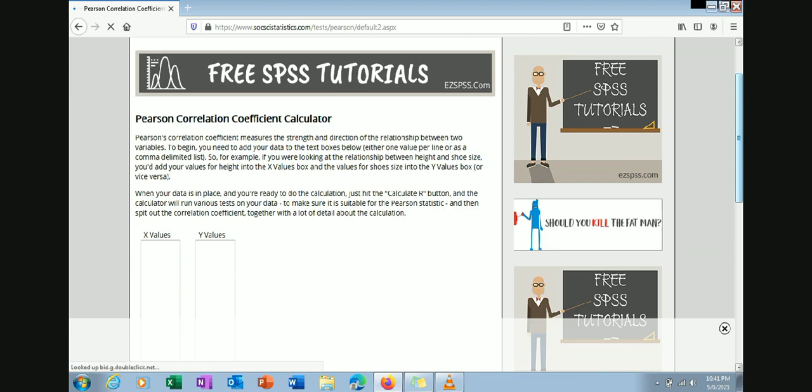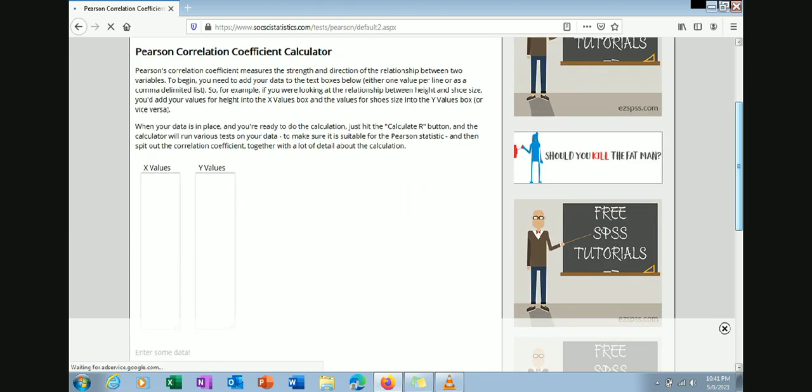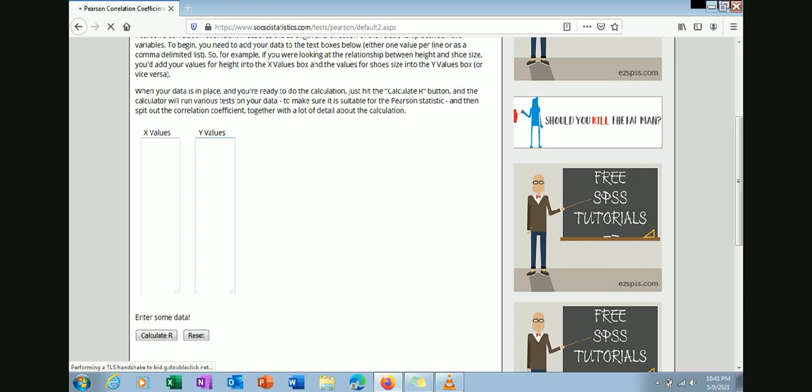So, meron po tayong X values and Y values. Then, enter lang po natin yung data po natin.